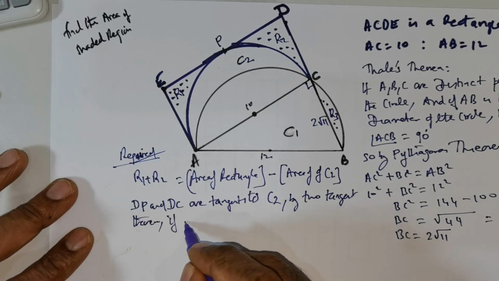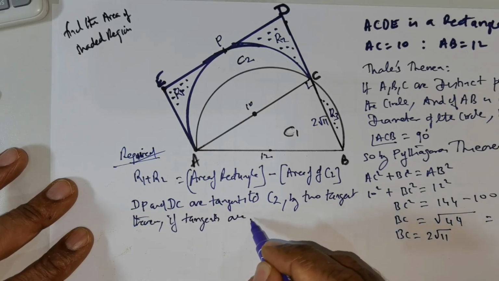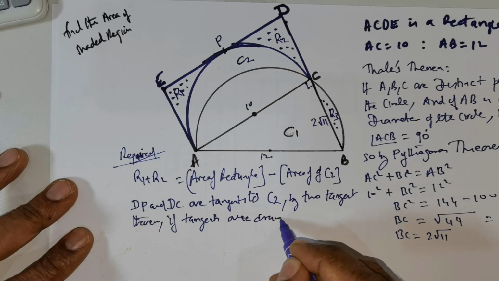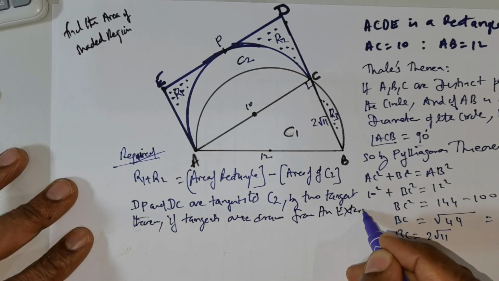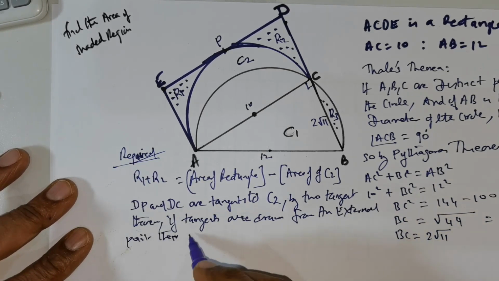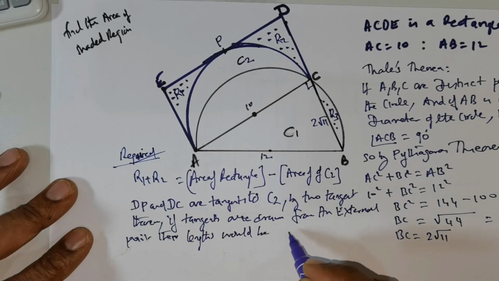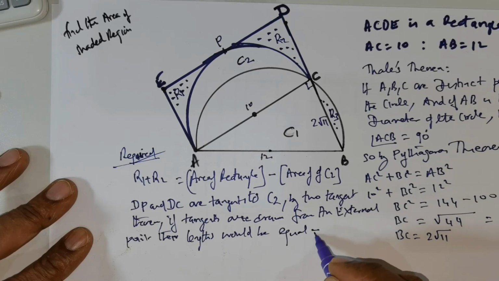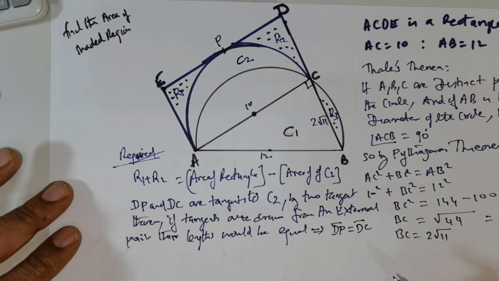If tangents are drawn from an external point, their length would be equal. Okay, this means DP is equal to DC.